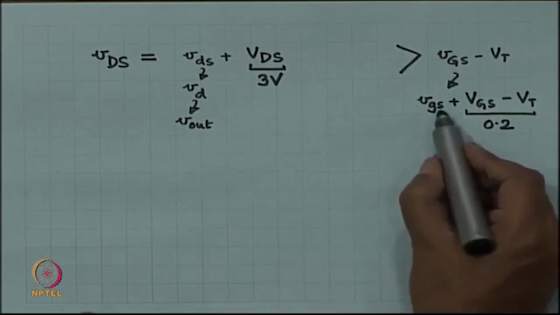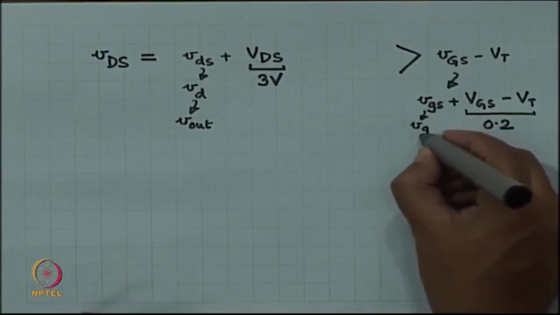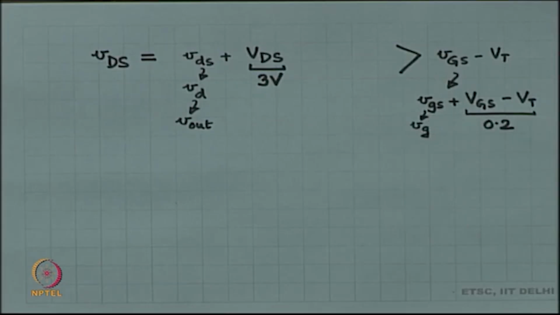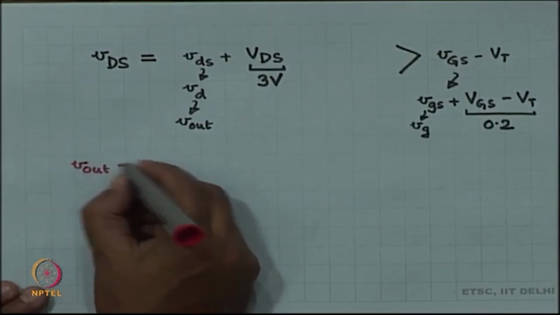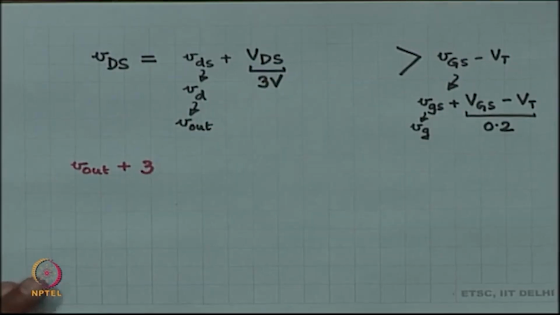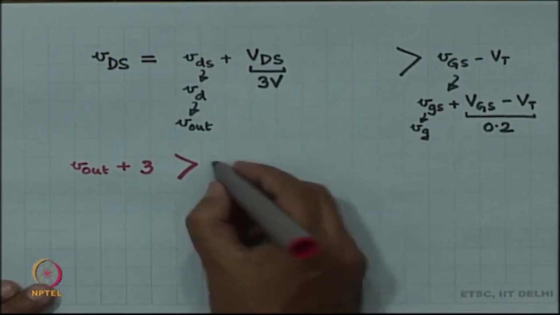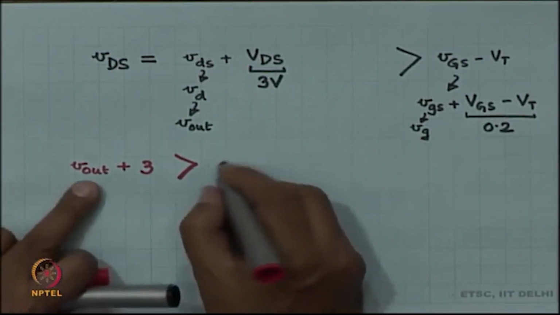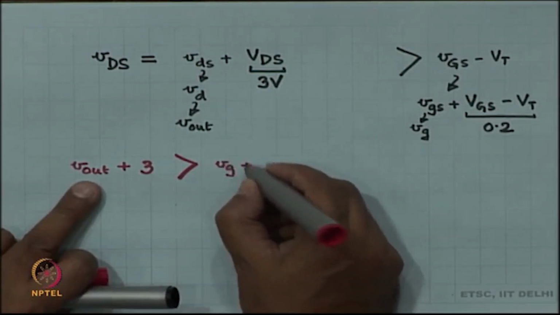Once again, source is not changing. So, therefore, this is nothing but small Vg. Okay. So, what do I have? I have the following: V out plus 3 volts, that is my small VDS, has to be greater than small Vg plus 0.2.